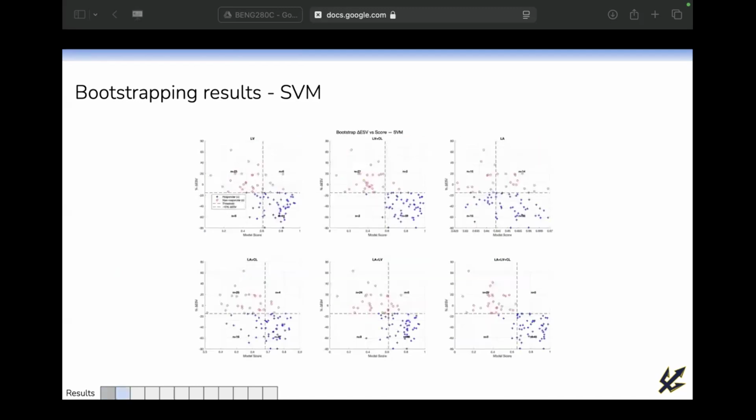Okay, moving on to the next result. So here, same bootstrapping results with the SVM, but now I've created scatter plots in which the y-axis is the patient's change in end systolic volume. So at a cutoff of minus 15%, which corresponds to this horizontal line, patients are defined as responders below this line and are represented by blue plus signs.